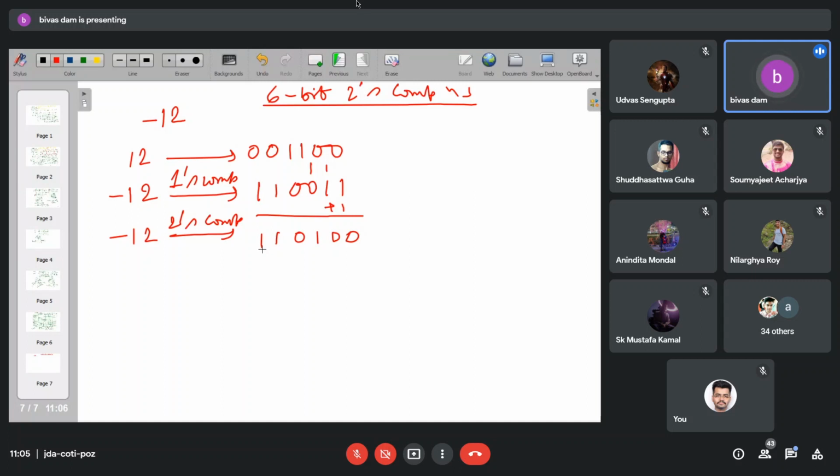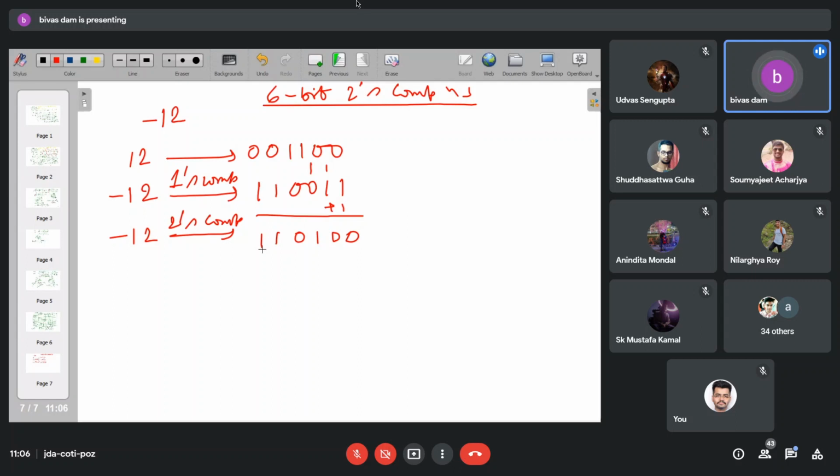Up to where has your process been described? You obtained the binary pattern for the unsigned, considering the number to be unsigned. Then if the number is originally positive, that is the 2's complement representation. So up to this point, there is no problem.